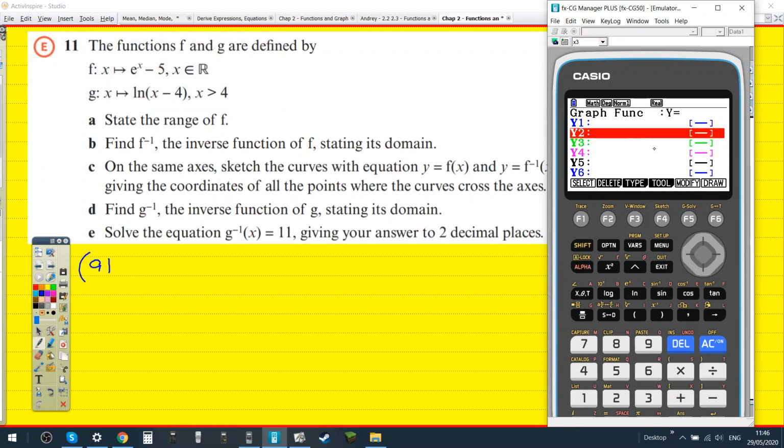I can press F1 on my keyboard. I'll make it quicker. Okay, what does it look like the range is?